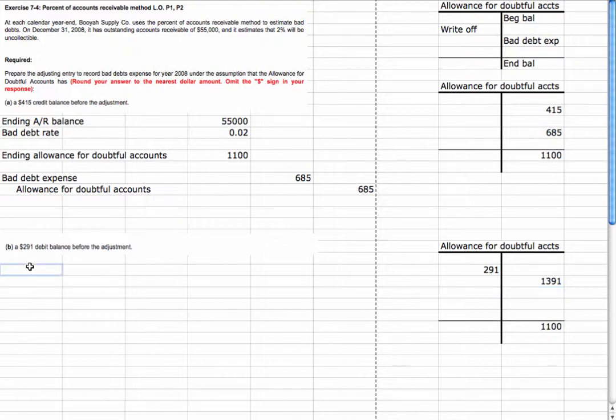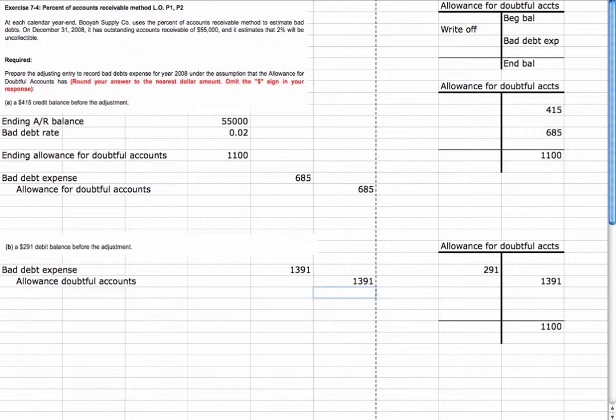So our journal entry: debit bad debt expense for $1,391. We want to credit the allowance for doubtful accounts for $1,391.